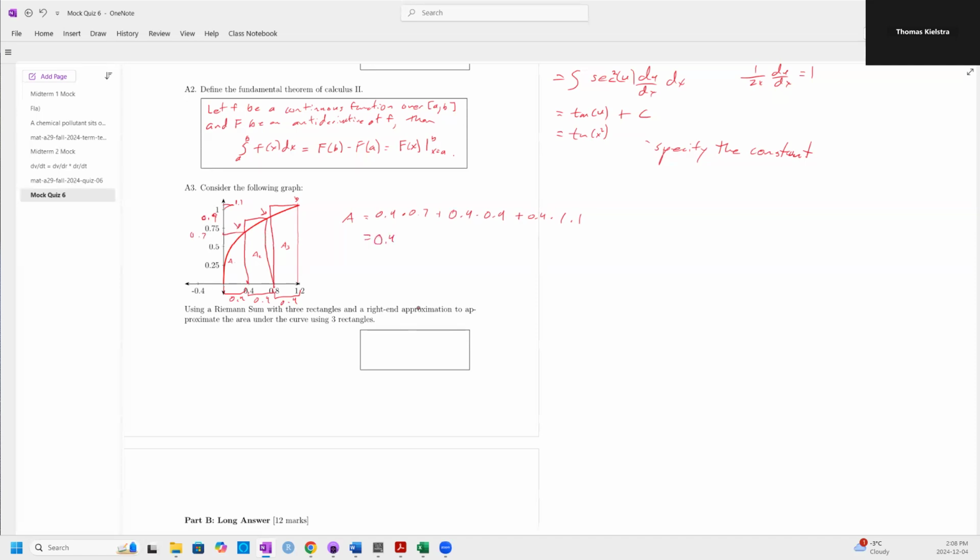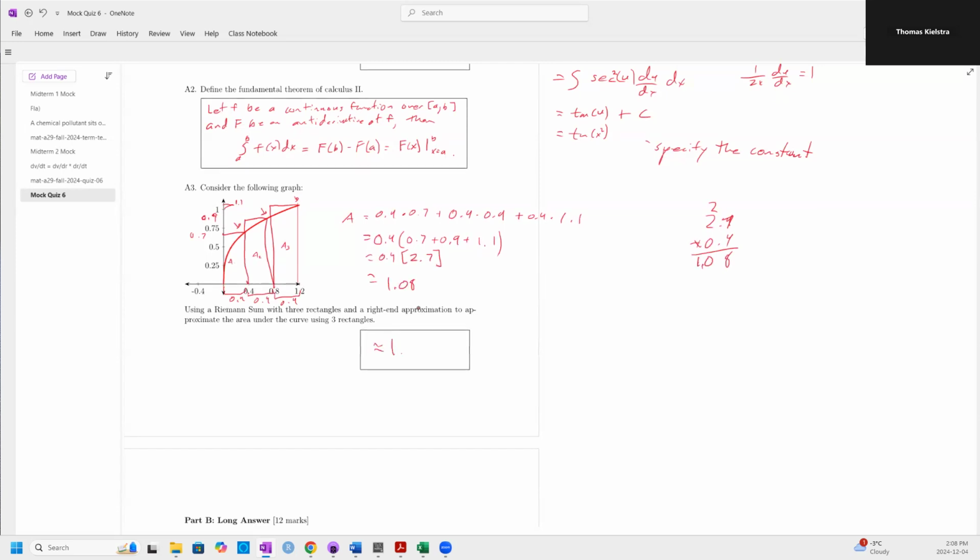And here to do the rest of the calculations, we factor out the 0.4 times (0.7 plus 0.9 plus 1.1), which equals 0.4 times 2.7, which equals 1.08.